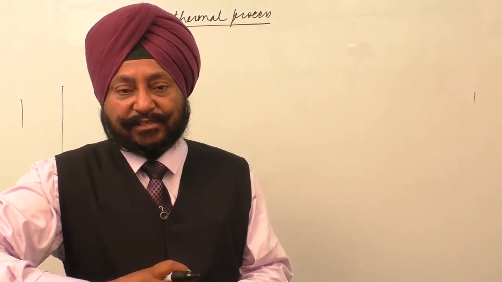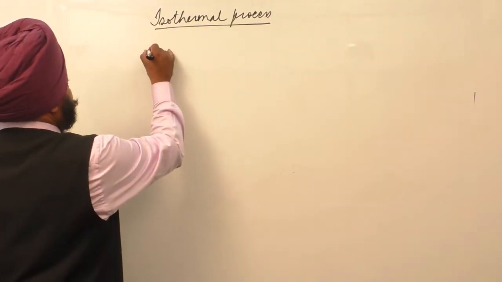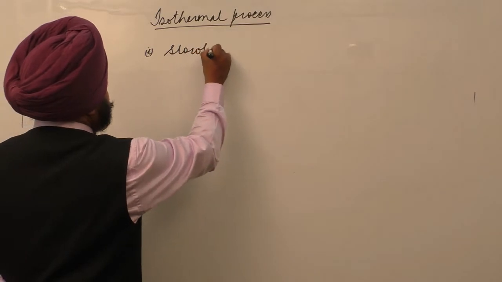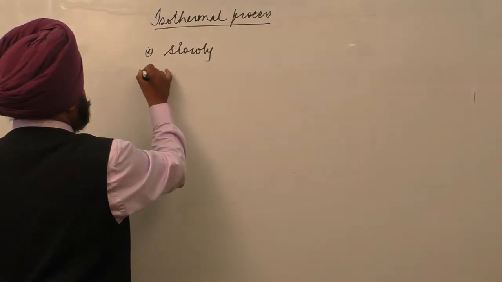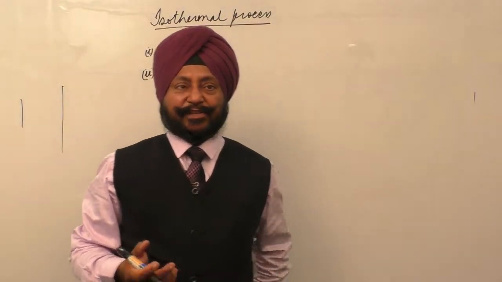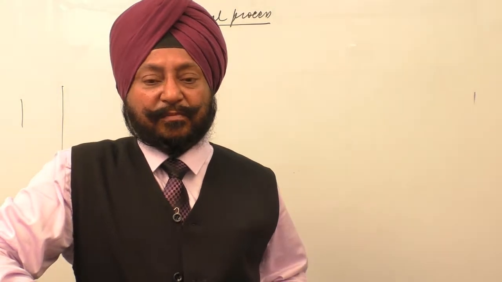Now, what are the conditions which must be satisfied for this process to take place? Number one, it should take place very slowly, so that whenever there is an increase or decrease in temperature, with the help of the surroundings, the temperature can be neutralized back to the normal value.